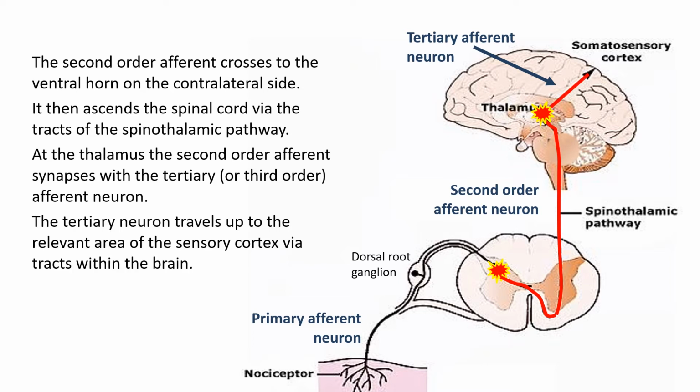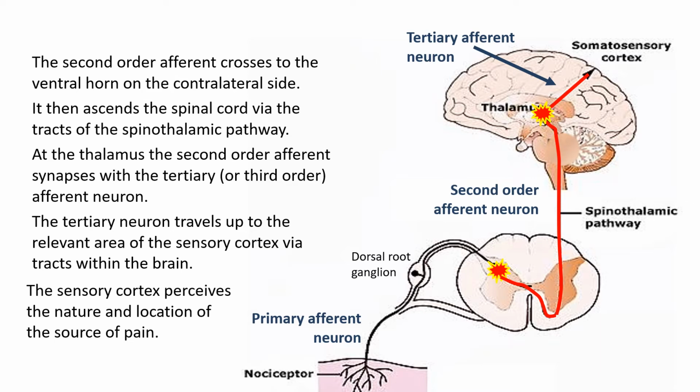This tertiary or third order neuron then travels up through little tracts in the brain to the relevant area of the sensory cortex. So if it's a hand, it will go to the hand area. If it's a foot, it will go to the foot area of the somatosensory cortex.